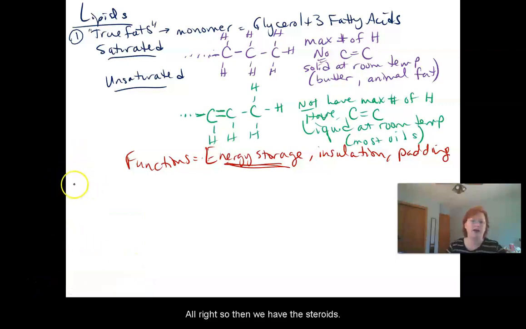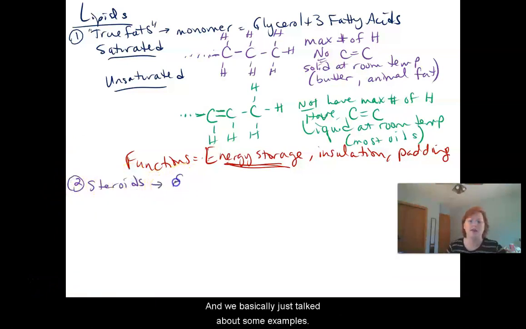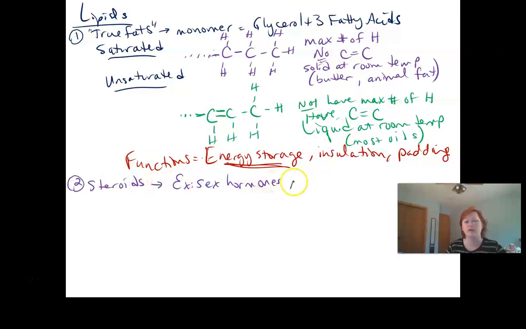All right, so then we have the steroids. And we basically just talked about some examples. Sex hormones, thyroid hormones, and cholesterol are all steroids.